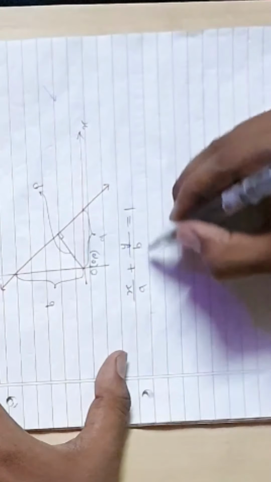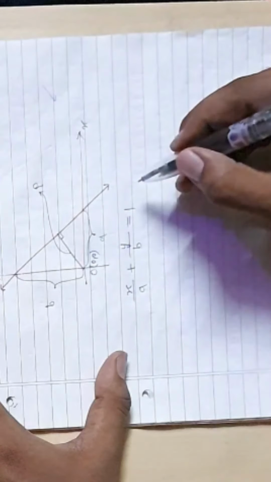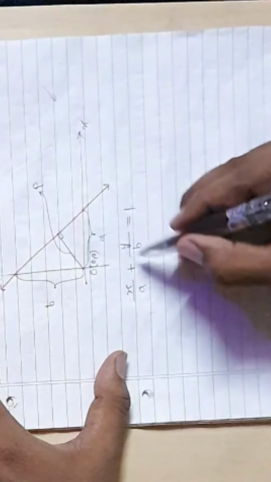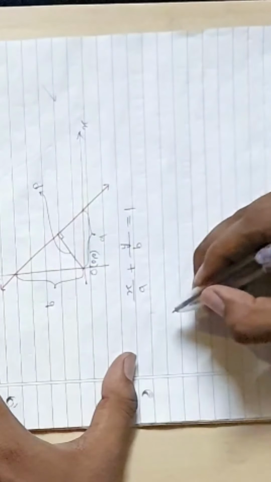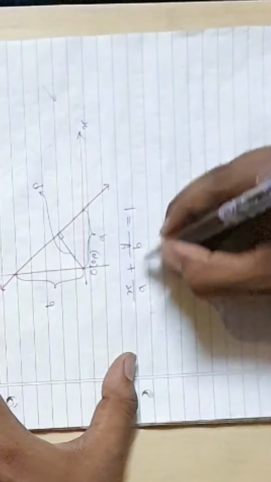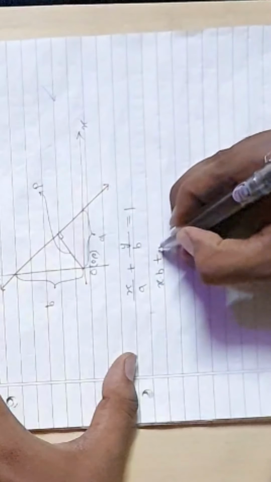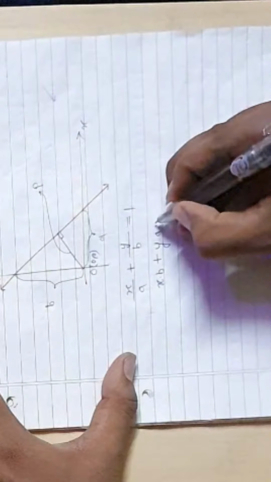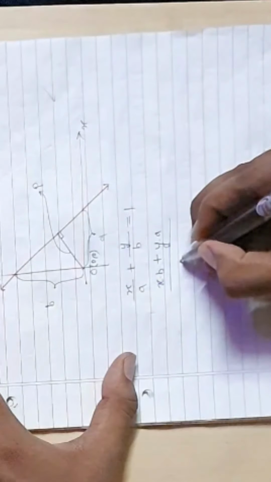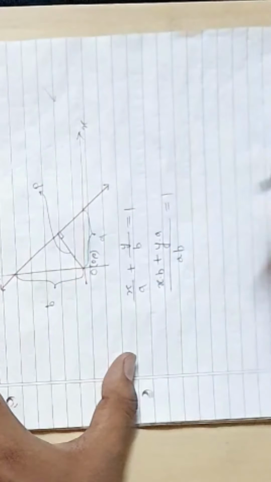Now we have to convert this equation into general form. For that we cross multiply. After cross multiplying, we get x into B plus y into A upon AB is equal to 1.